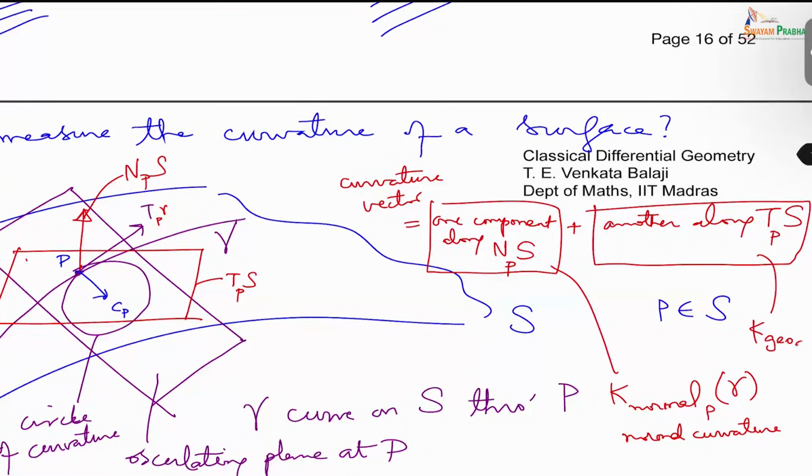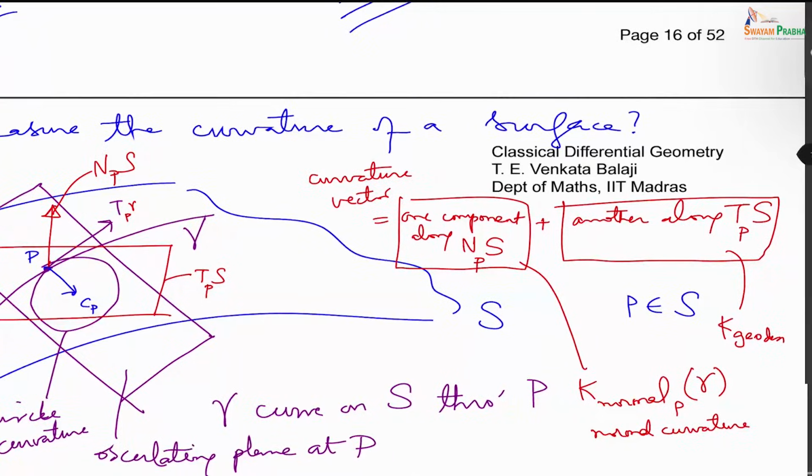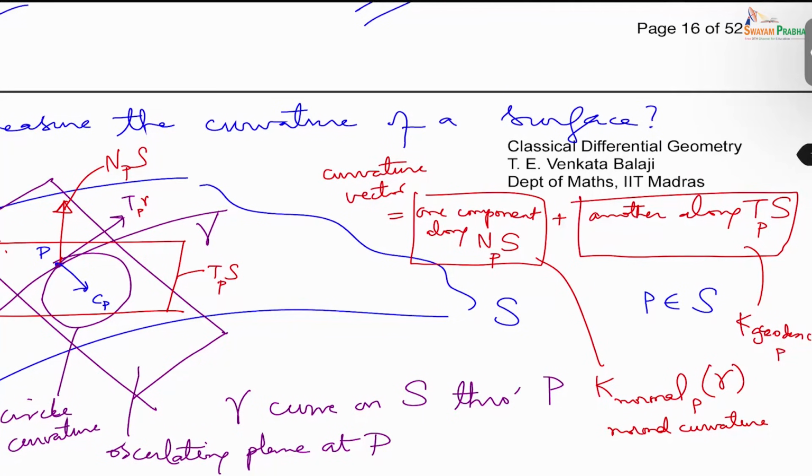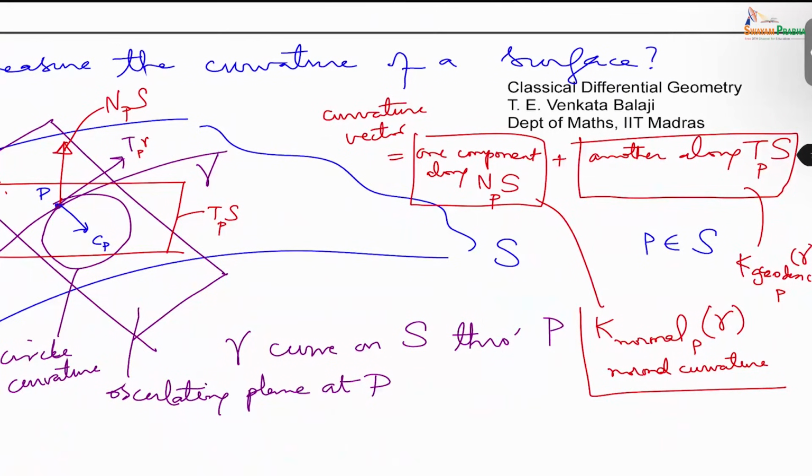So this is called K geodesic of gamma at P. If you want to use more slick notation, I'll write K n at P of gamma, and this can be written as K small g at P of gamma. So basically, I just want to introduce these two objects.